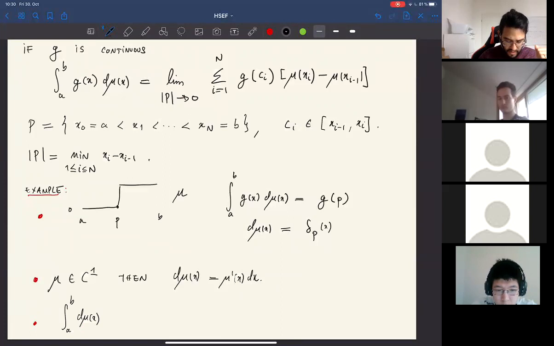For instance, at the point a, the measure could have a delta there. So do you mean that you're taking a limit from points in this integral? If we do mean this, then we should say something like a plus here, coming from the right. Maybe you actually mean this, then you should put b minus here. Okay, so these things are important.